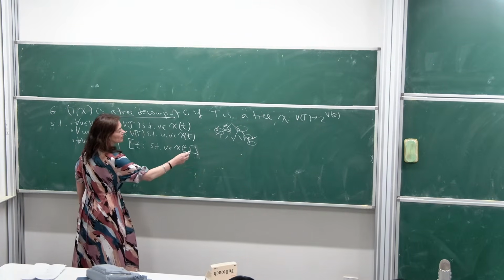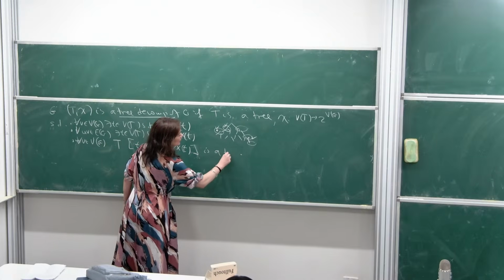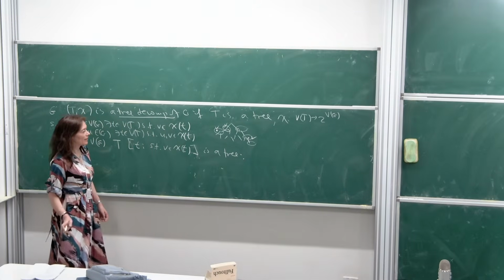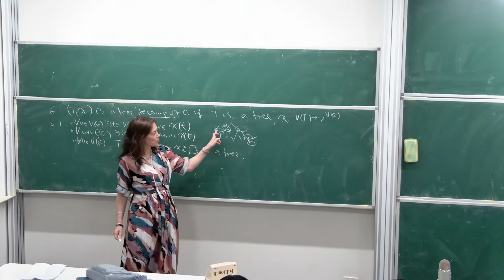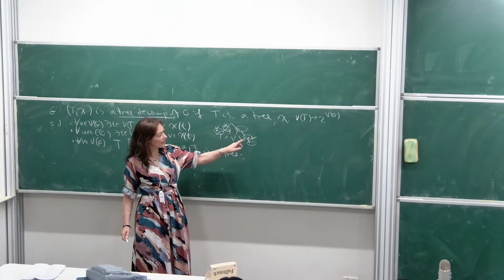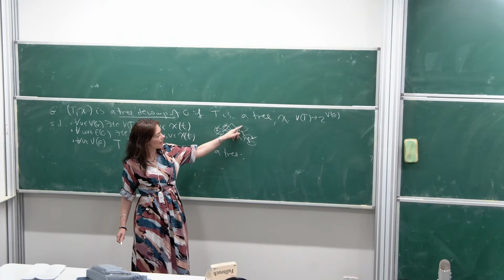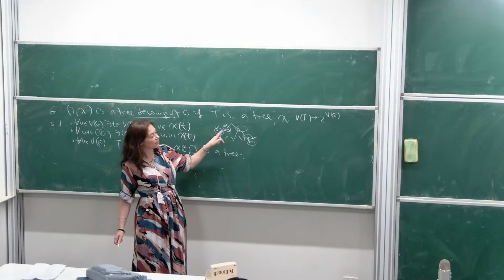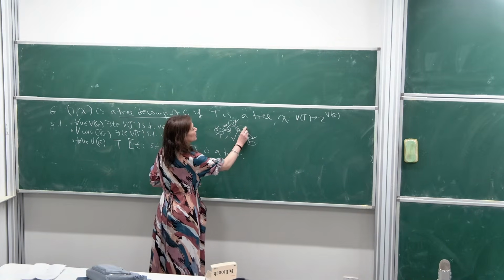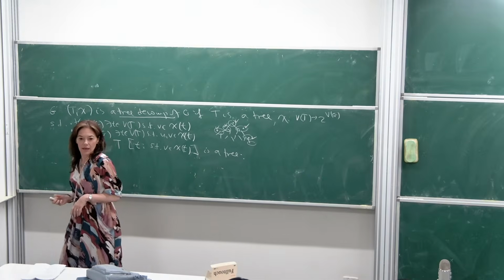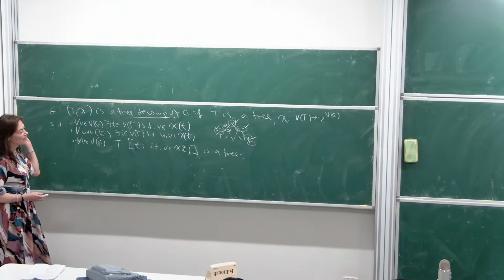So this is a tree. Another way to say it, if I put v in this bag and I put v in that bag, then I have to put v in every bag that lives along the path of T from here to there. Okay, so that's a tree decomposition.